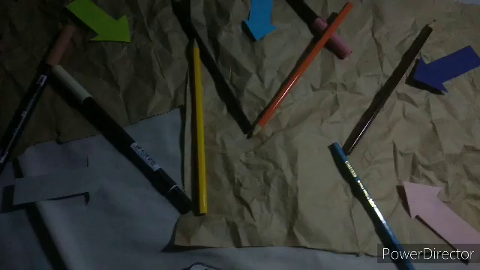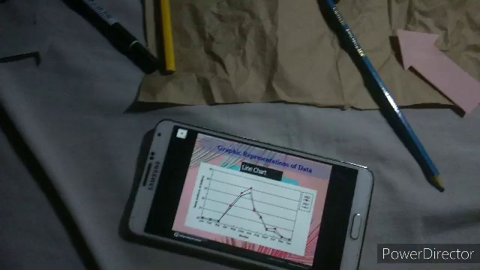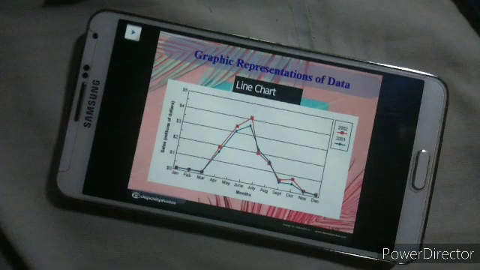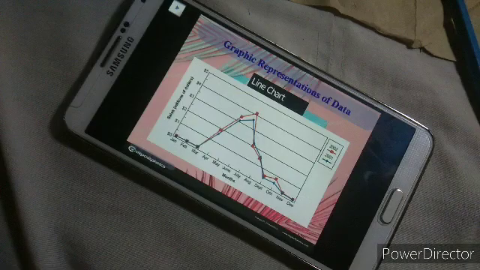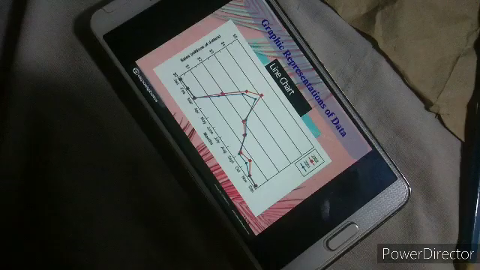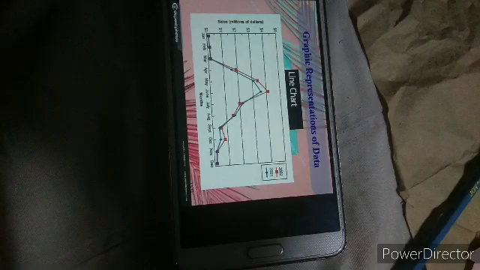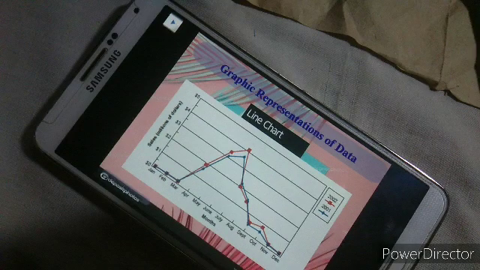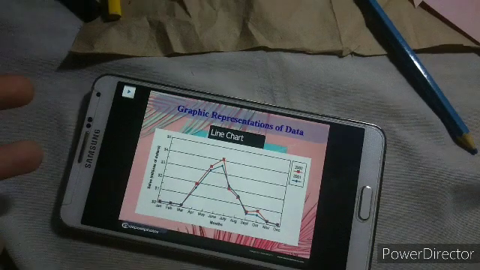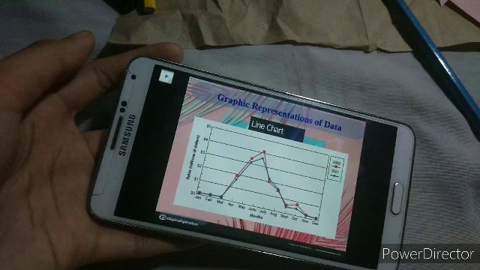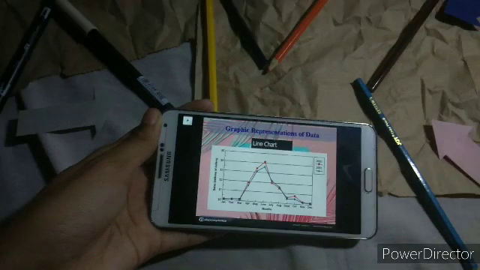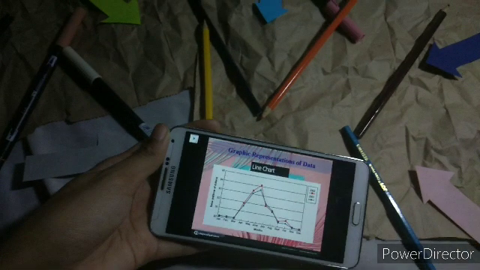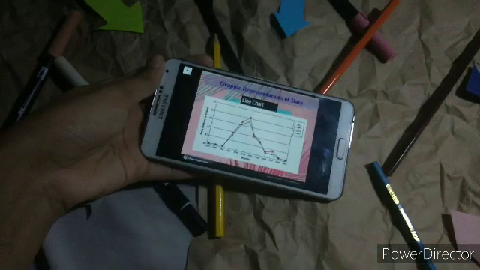The line chart. A line chart is good for a linear relationship, meaning a straight line rising or falling. Rising means a direct relationship and falling means an inverse relationship. For example, the illustration presents the sales of a company by months and years. The vertical line, or the y-axis, shows the sales, while the horizontal line, or the x-axis, shows the months from January to December.